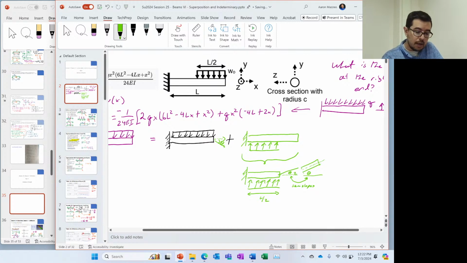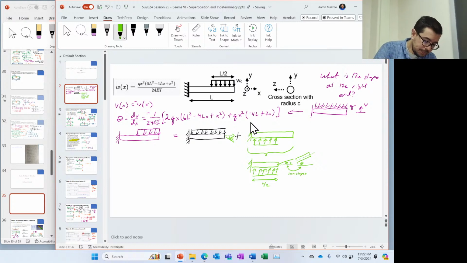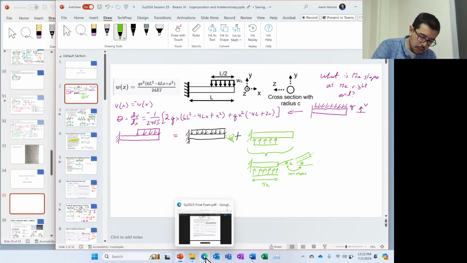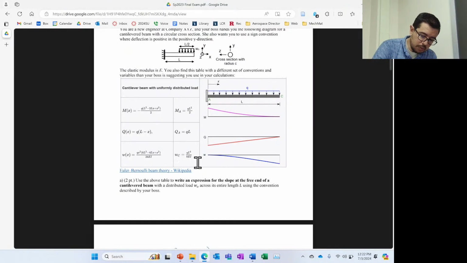All right. Now, is this messy? Yeah, it's a little bit messy because I've got this huge equation. The other thing that's tempting to do, which is kind of a no-no, at least with this table, is to use the deflection at the end and try to take a derivative of it. But look, there's no x in this equation, right? This was solved for this.